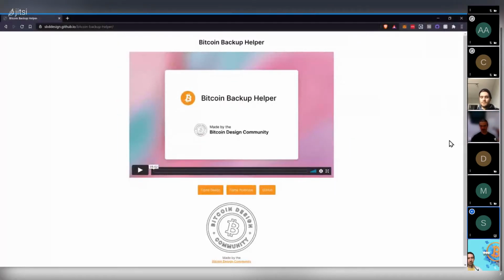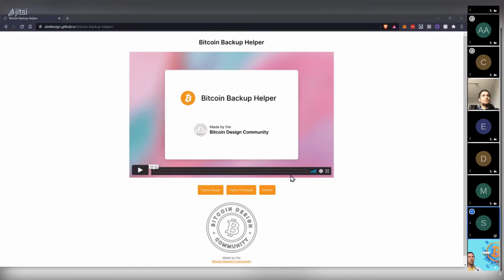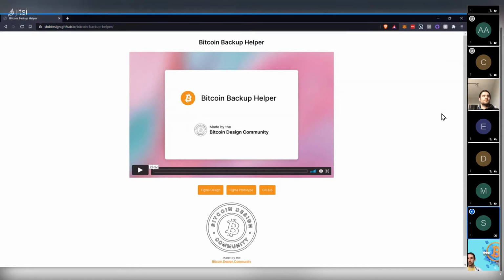Yes. All right, so what I'm looking at right now is a little microsite. I will paste this into the chat for everyone. But yeah, a little background on this. Basically, Daniel is working on this page for the design guide about wallet backups.